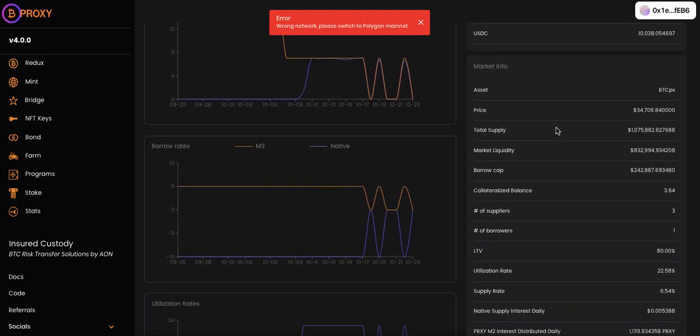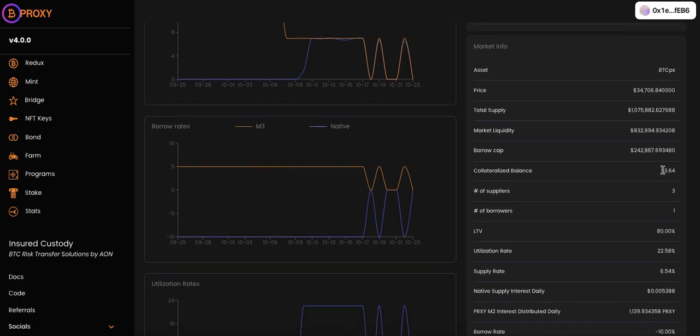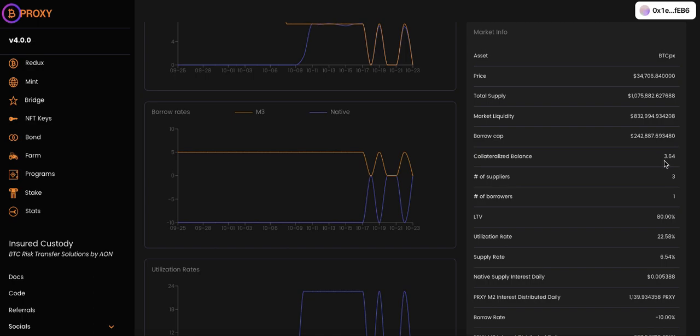It shows BTCPX, the price of the asset, the total supply in dollars, the market liquidity, the amount that's borrowed, and the collateralized balance. If you remember from the first screen, the total supply was about 30, and 3.64 of that 30 is being used as collateral to borrow another asset.